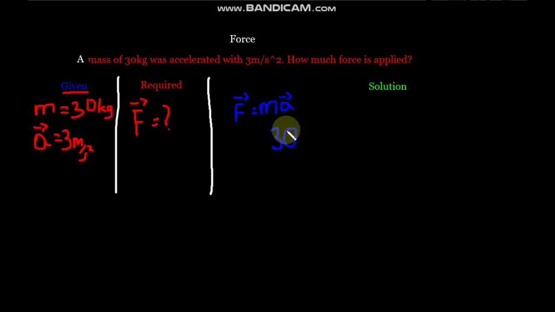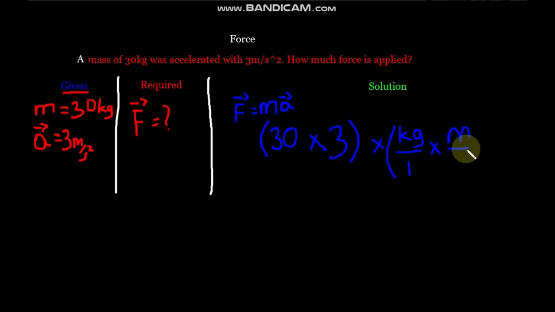I'm just writing the coefficients and I'll write the units later. 30 times the coefficient of the acceleration, which is 3, and we multiply it by the units. 30 kilogram over 1 times meter per second square, which is 90 kilogram meter per second square.